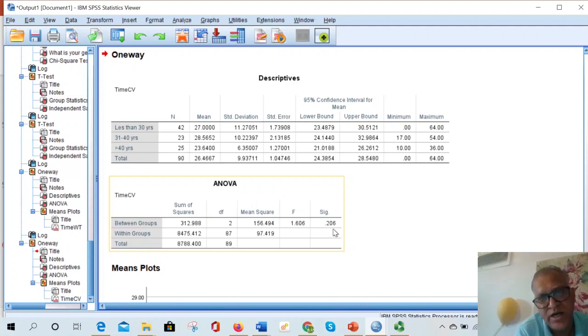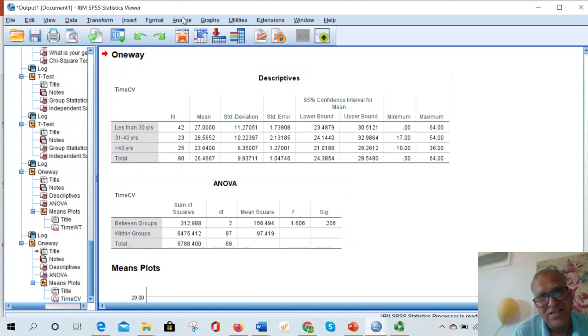You cannot reject equal, because remember I said the null hypothesis is equal, and we always test the null hypothesis. We are not testing the alternative, so we always reject or accept the null hypothesis. Because this p-value is larger than 0.05, we cannot reject, we have to accept the null hypothesis, which was nothing but equal time spent by all people.